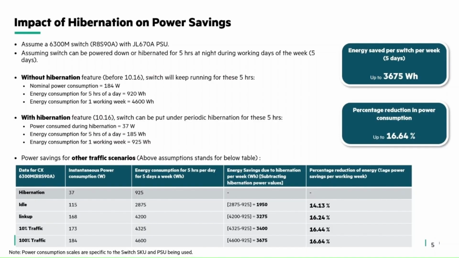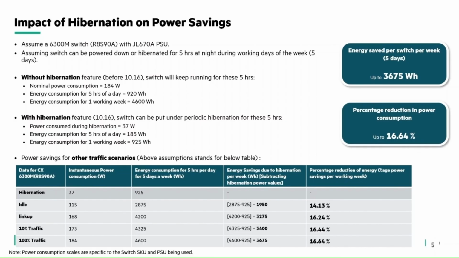As we have seen in the previous slides, the nominal power consumption where the switch is handling 100% of the traffic is 184 watts. If we calculate the energy consumption for 5 hours of the day, we get 920 watt-hours consumed by the switch.